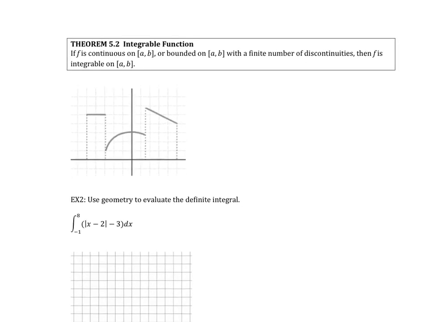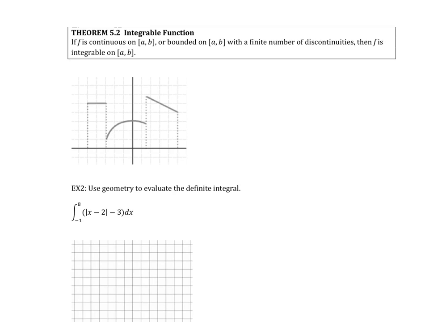Let's talk about when a function is integrable. So let's say that your function is continuous. You're done. Then you can find the integral. However, even if the function is not continuous, you still may be able to find the integral. You just have to make sure that the function is bounded.